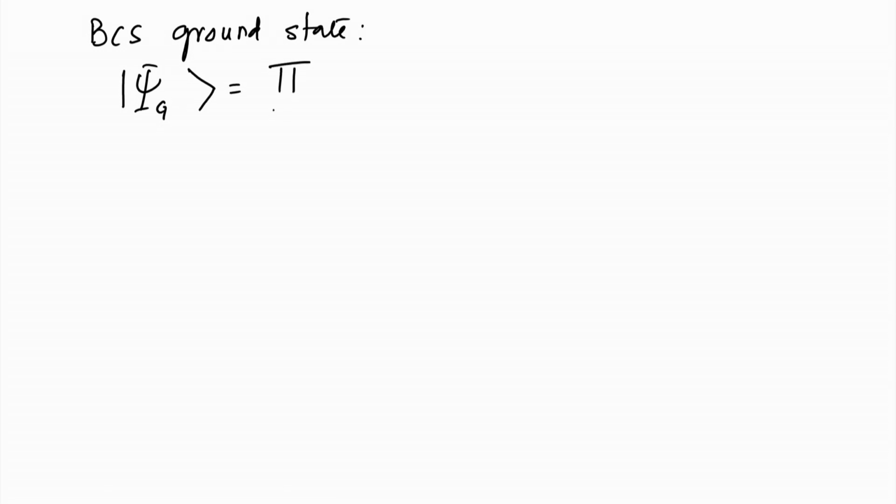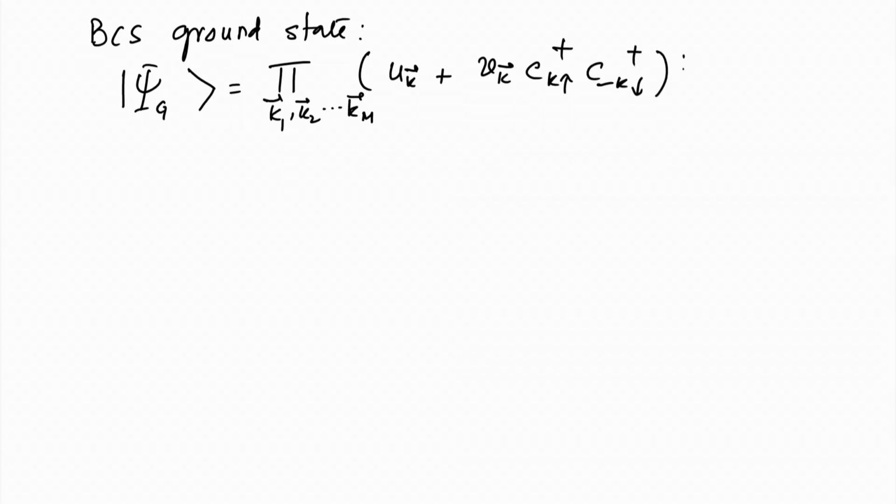So, the BCS ground state. BCS wrote down the ground state as psi G, equal to a product over all k 1, k 2 up to k m, of u k plus v k, c k up dagger, c minus k down dagger, acting on phi 0.